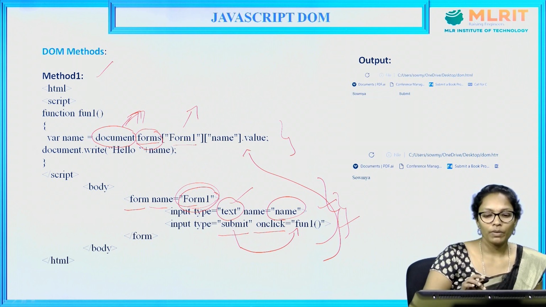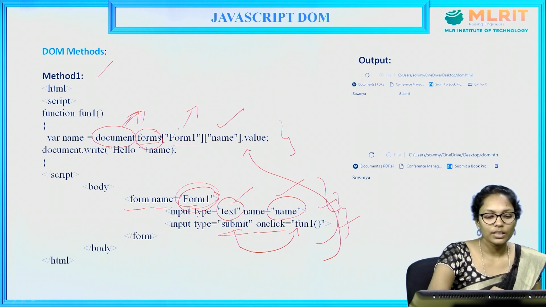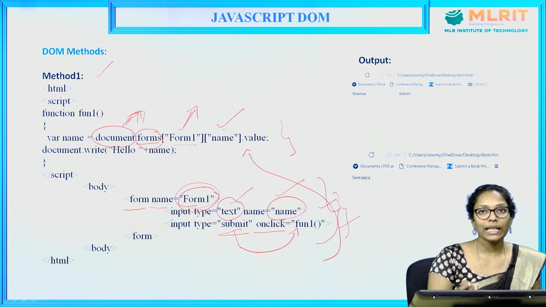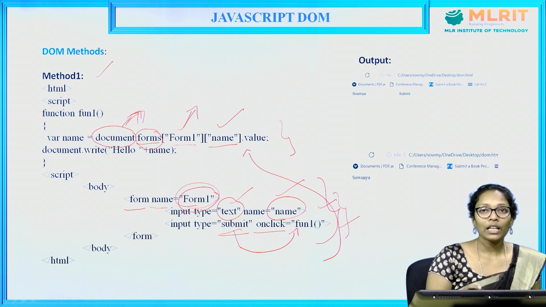Under this form 1, we have two different elements, right? One is name and the other one is a button. Which element do you want to access? That name you also need to pass here. So the first dimension is the name of the form. The second dimension is the field name, the element name. So name I want. Then dot value, the value available at that element.